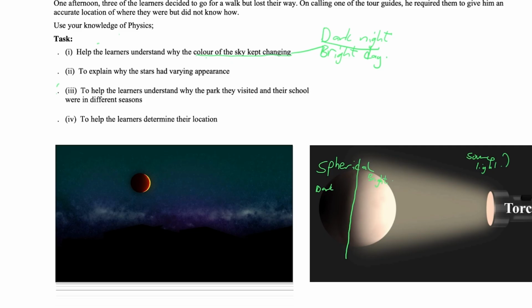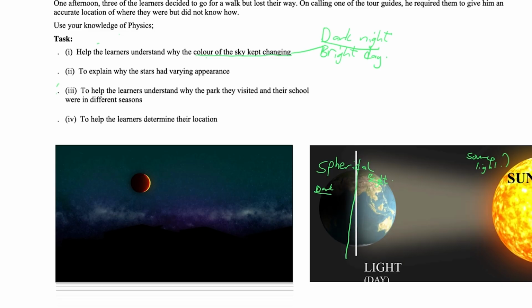The bright part receives the light from the torch, and the other side that is not receiving light is very dark.